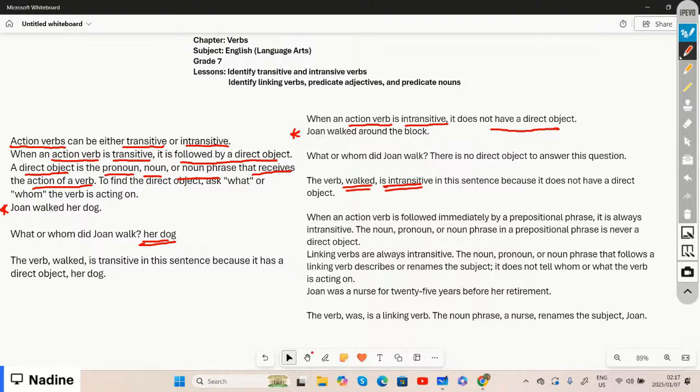And then we also have linking verbs. With linking verbs, we always say that they are intransitive.